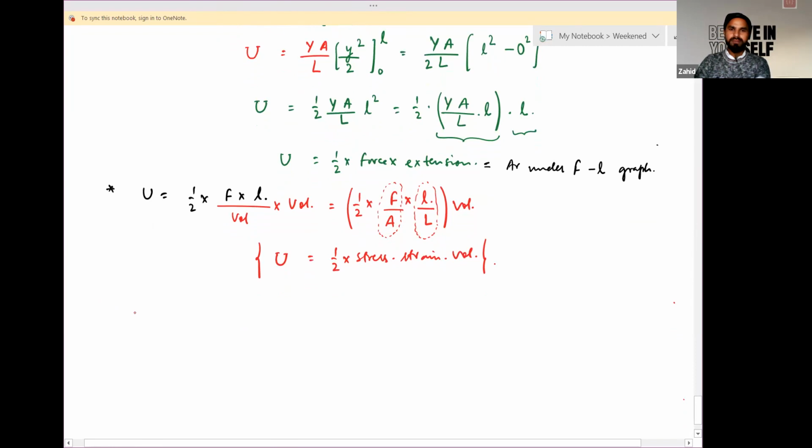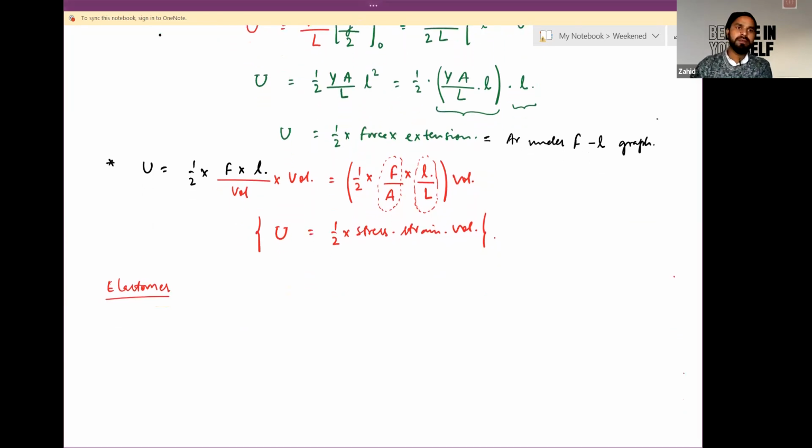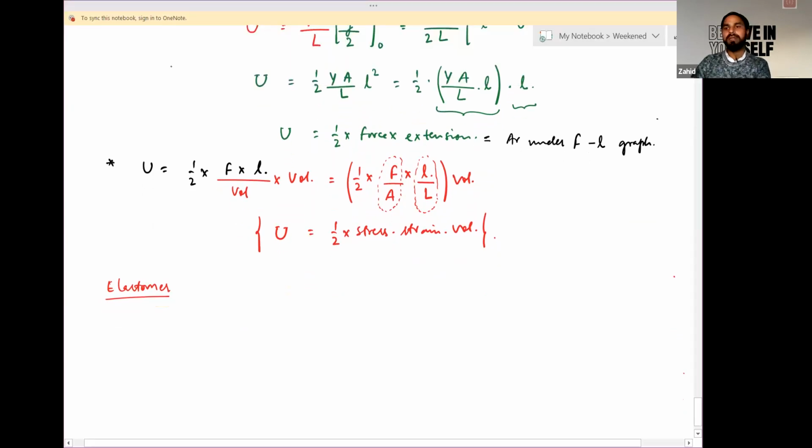Now, there are some terms related to this particular chapter. First is elastomer. You must have used thermocol for some project or other use.